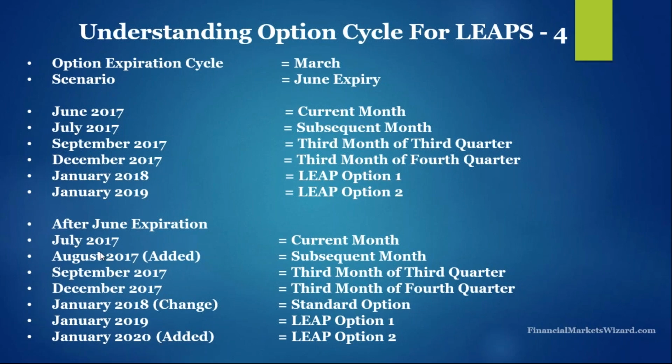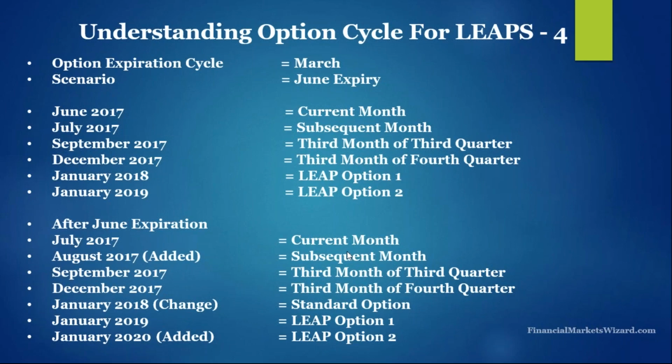So you will see 7 options listed: June, July, August, September, December, January 2018, which will become a standard option. It was LEAP, and then they will add January 2020. So in other words, 2 months will be added: August as a subsequent month, January 2020 as a LEAP month, and because we already had January 2018, they will change it to a standard option. So in the month of June, it's a little more complex.